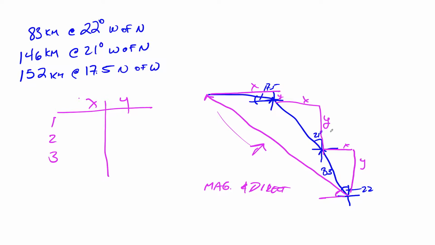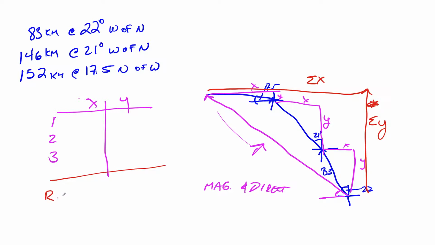I'm going to add all the x's together and all the y's. I'm going to change my pen color because hopefully this will be easy to see. I'm going to do these in red: the sum of all the x's in one area, the sum of all the y's in the other. So add up all the x's, add up all the y's, and I'm going to end up with my resultant. And here are the components of my resultant, my x and y components.